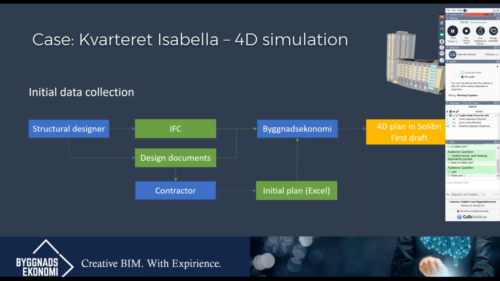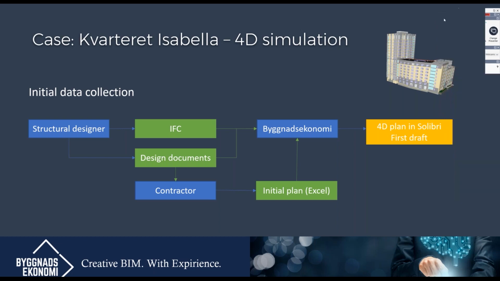We gathered all of this information, the IFC design documents and the initial plan from the contractor, and then combined all of those to create a first draft of the 3D or 4D plan in Solibri.